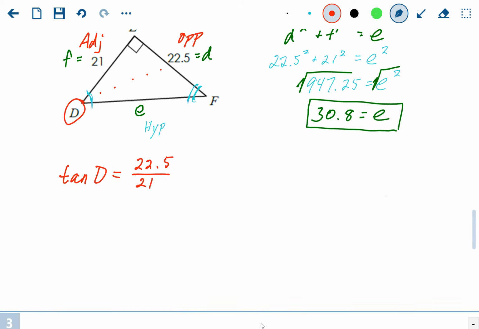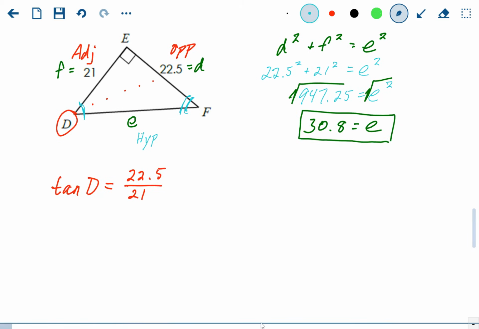Again, remember when you're solving for an angle, you can't just divide by tangent. You're trying to get D by itself. So you have to take the inverse of both sides. So angle D is going to be tan inverse, or second tan on a calculator, of 22.5 over 21. So angle D equals 47 degrees.